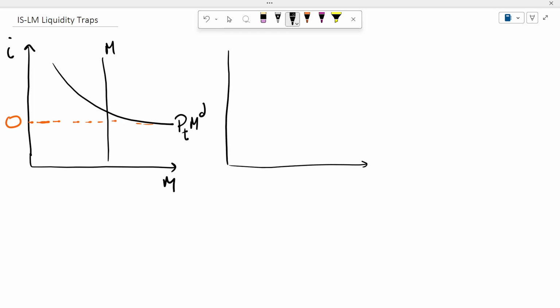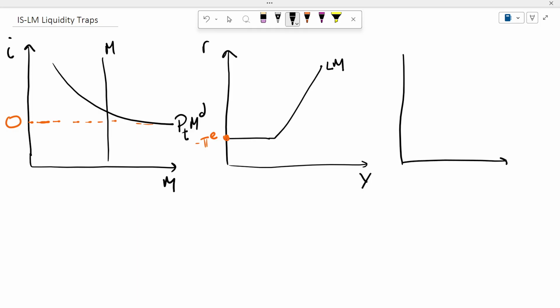This generates a corresponding LM curve, right, where we get this flat part of the LM curve. And this flat part of the LM curve in our space is now at negative pi e. And similarly, we get an aggregate demand curve in price output space that has a corresponding kink. So the liquidity trap here is all of these parts together, right?